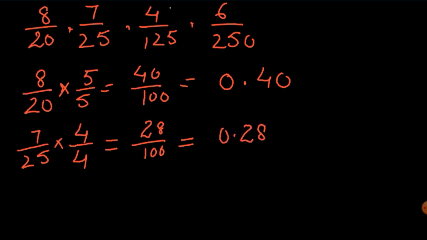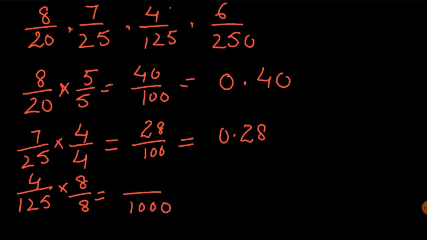Now the next one is 4 upon 125. Children, if you don't know the table of 125, just keep it in mind that whenever 125 is there, always multiply the number by 8. Multiplying 125 by 8, you will get 1000. So you need to remember this.